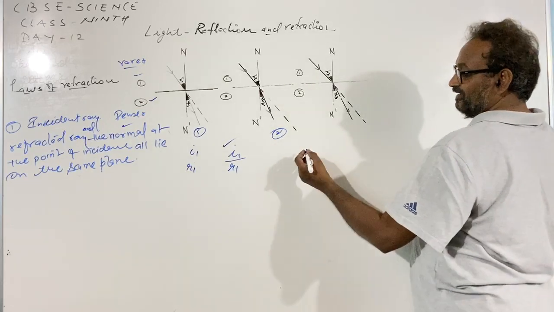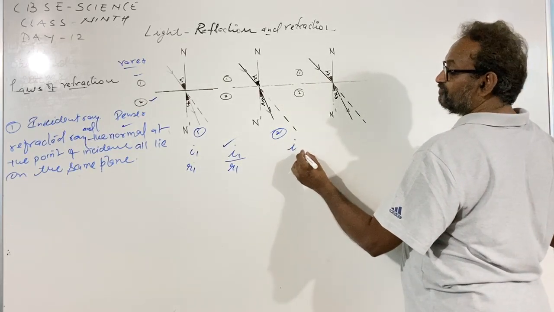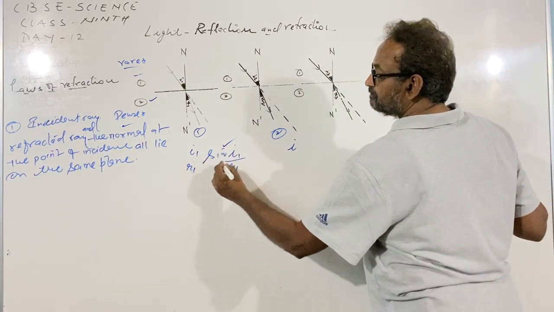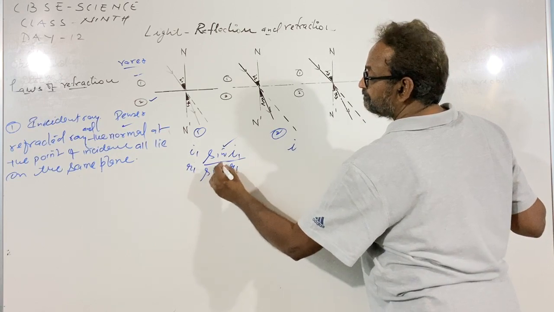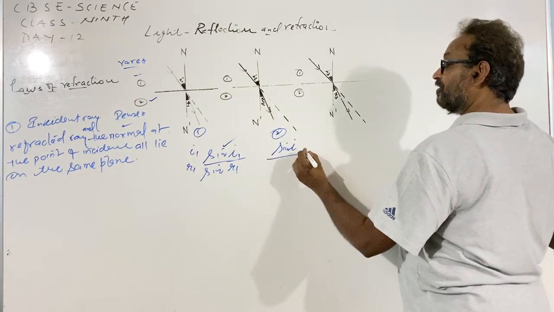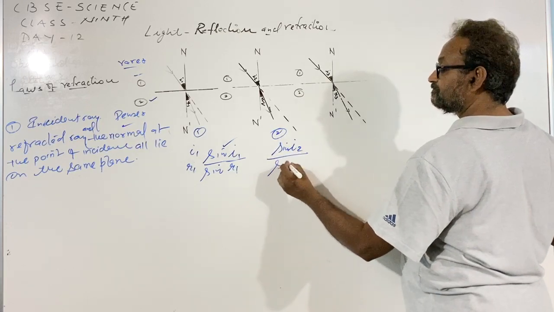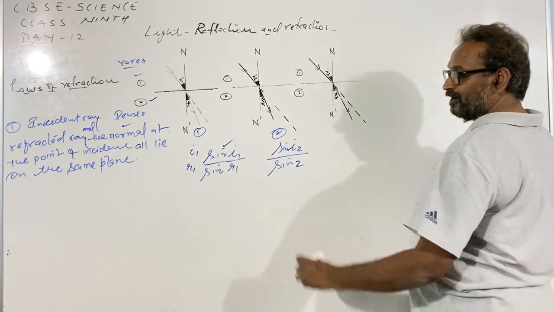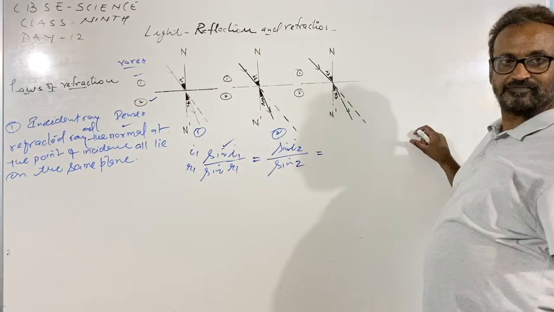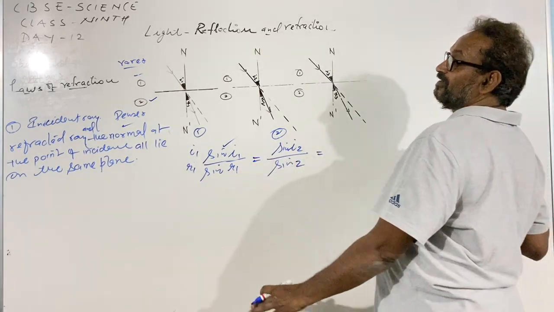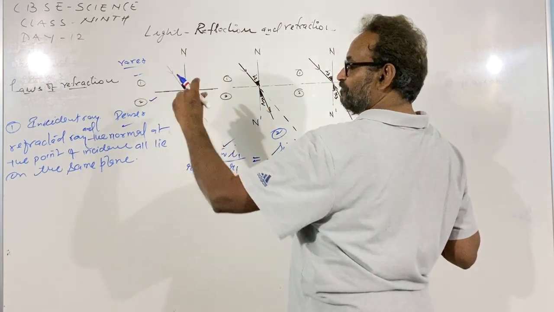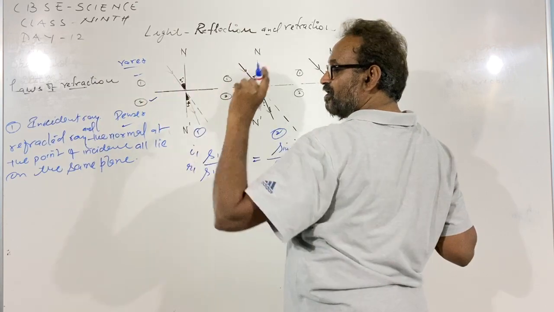And you will see that the ratio of sine of angle of incidence to the sine of angle of refraction remains the same for the given pair of media, that is, the pair of media should not change.